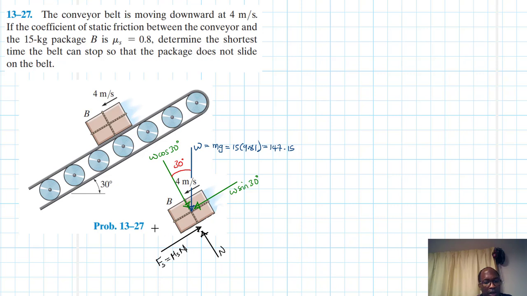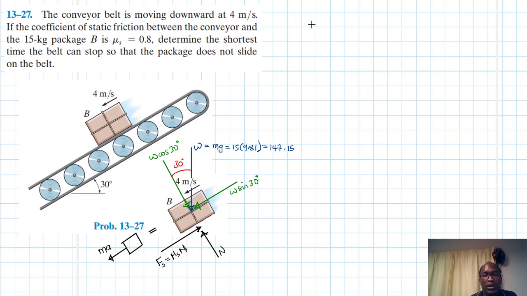So we are going to draw our kinetic diagram in this direction, like so. We'll draw it in the same direction. There we go. So this is our ma. I think we've done everything that we need to do.